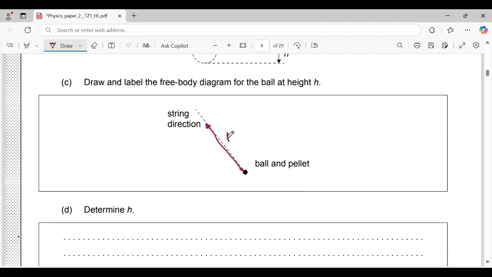Okay, this is tension and weight due to gravitational force downwards. So tension is acting upwards along the string, and weight is acting downward due to gravitational force.